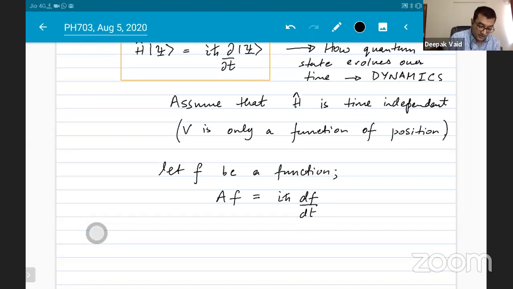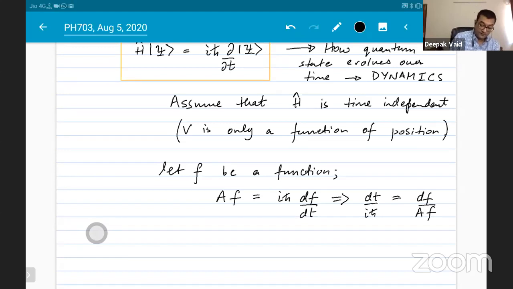And now if you look at this, you can rearrange this equation a little bit. You can write this equation in this form. On one side we'll put dt divided by i h bar. On the other side we'll put df divided by A times f.